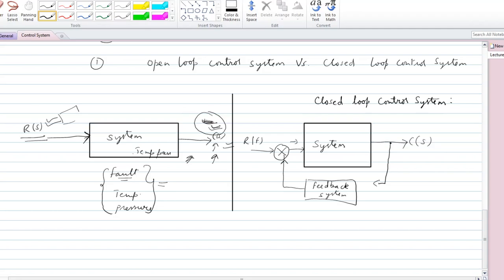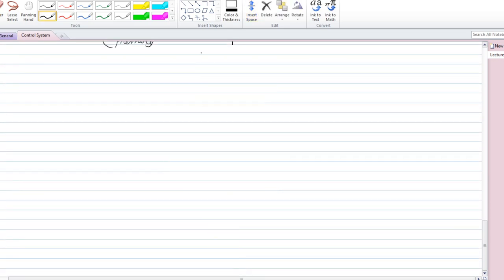Okay, now there are some advantages and disadvantages of open loop versus closed loop control systems, and these are as follows. Open loop control system, and the second is closed loop control system.